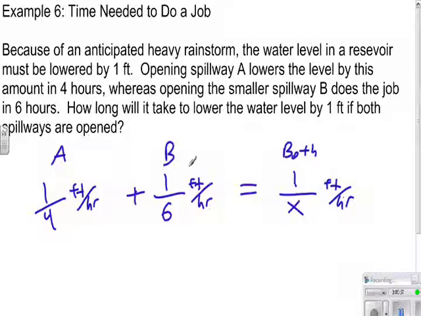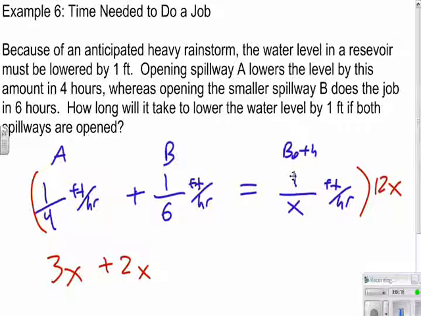Now to solve this, we do need a common denominator, so between 4 and 6 and x, the least common denominator would be 12x. So we're going to multiply everything by 12x. So this becomes 12x over 4, which is 3x, 12x over 6, which is 2x, and then 12x over x is 12.